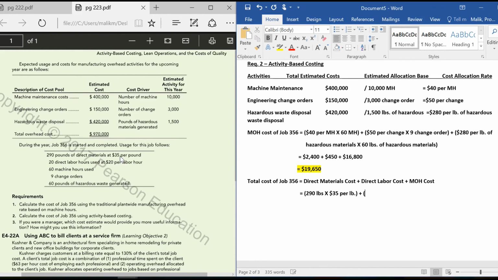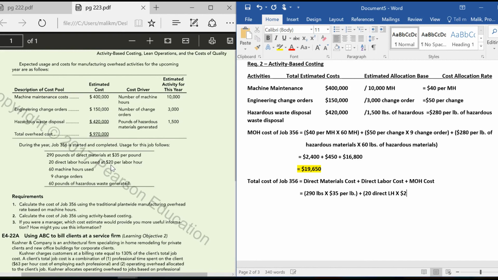Direct labor cost, for this job we use 20 direct labor hours and the wage rate is $20. I can write it down, LHR, labor hour, and you can multiply that.